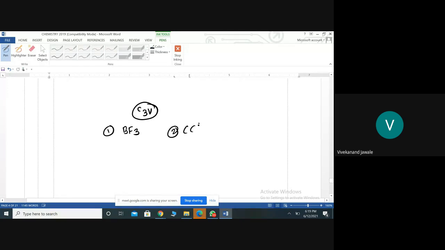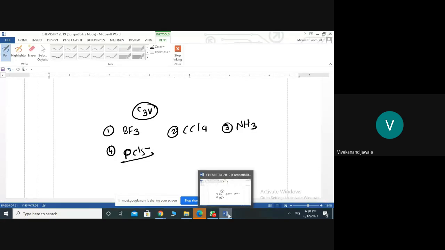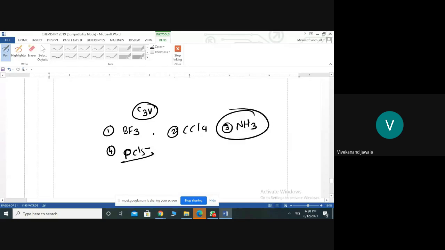They have CCl4. They have ammonia. They have another one, PCl5. Which compound has a C3V point group? Ammonia. Ammonia has C3V point group.